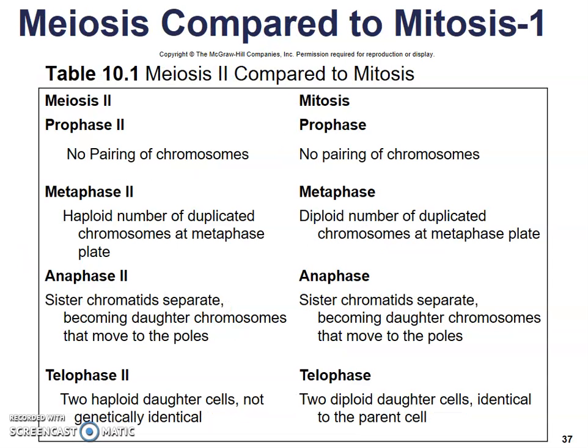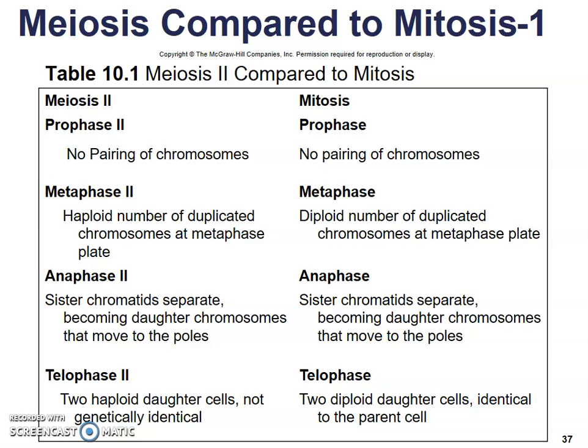In meiosis 2, prophase 2, there's no pairing of chromosomes, which is the same in prophase of mitosis. In metaphase 2, haploid number of duplicated chromosomes at the metaphase plate, and in mitotic metaphase, there's a diploid number of duplicated chromosomes at the metaphase plate. In anaphase 2, sister chromatids separate, becoming daughter chromosomes that move to both poles, and that's the exact same thing that happens in regular anaphase of mitosis.